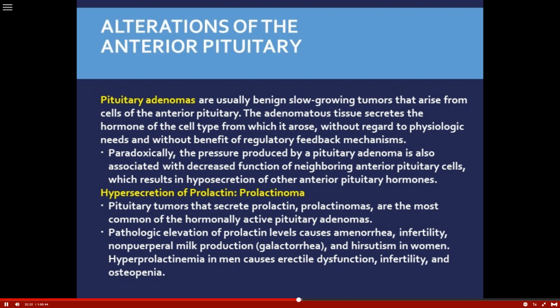So the pituitary tumor that secretes prolactin, once again, is the most common one that we come across in practice, but there are other conditions that can possibly cause it, such as medications. I can't stress enough how important it is for us to really make sure we know what medications that patient's on.